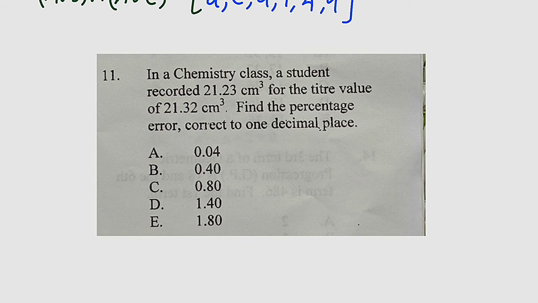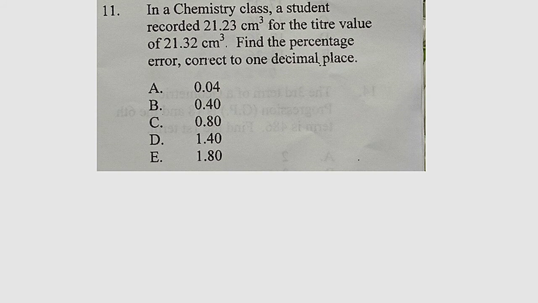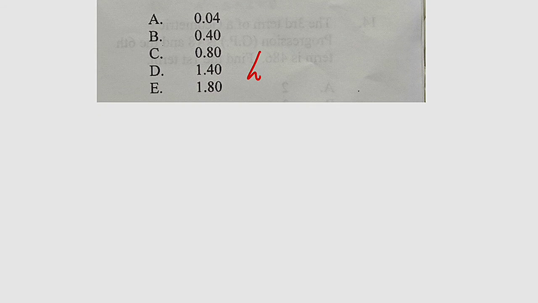Question number 11, in a chemistry class, a student recorded 21.23 cm3 for the theta value of 21.32 cm3. Find the percentage error correct to 1 decimal place. Okay, what is percentage error? We have a formula for that.